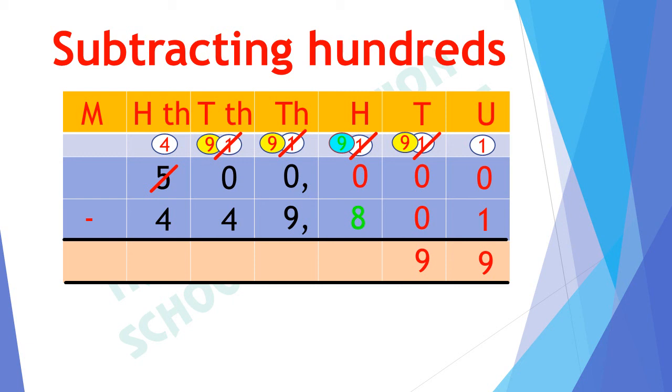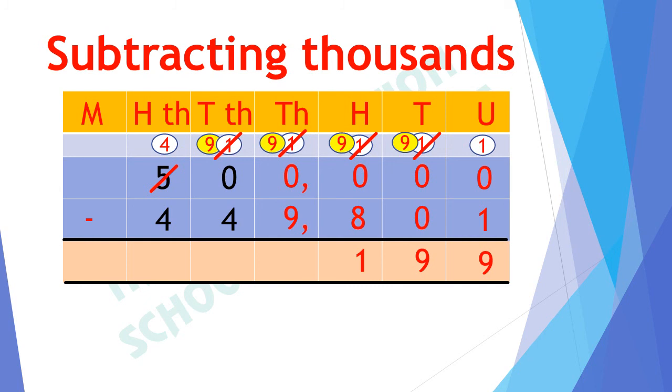If we subtract 800 out of 900, we are left with 100. Now we will subtract thousands. Now we will subtract 9,000s from 9,000s. If we take away 9,000s out of 9,000s, here we are left with 0.